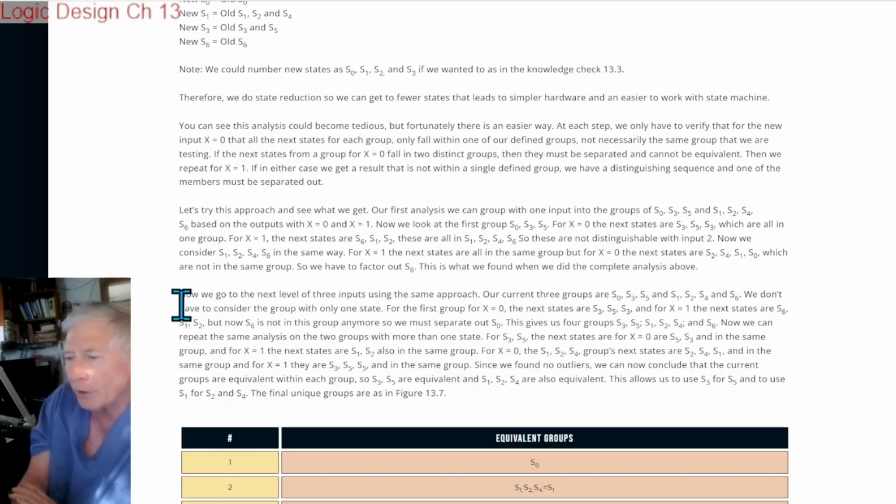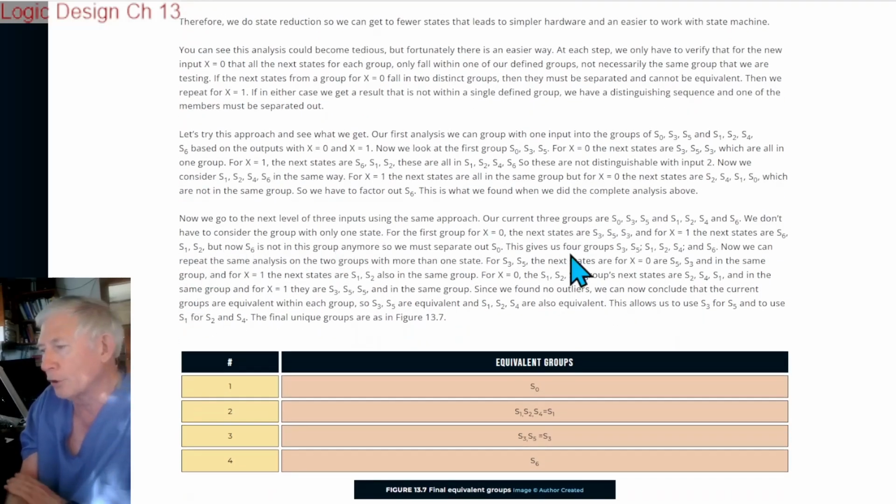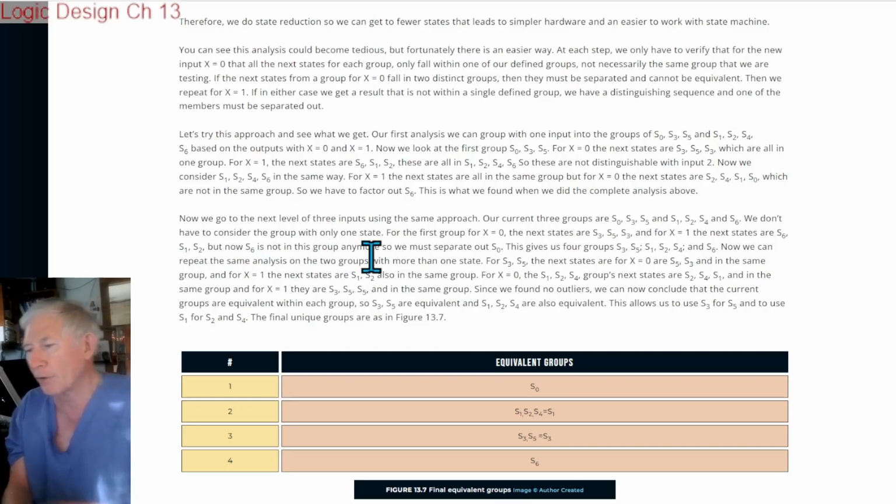Now if we go to the next level of 3 inputs using the same approach, our current 2 groups are 0, 3, 5 and 1, 2, 4, and 6. We don't have to consider the group with only one state. For the first group, for x equals 0, the next states are 3, 5, and 3, and for x equals 1, the next states are 6, 1, and 2. But now 6 is not in this group anymore, so now we have to separate out S0.